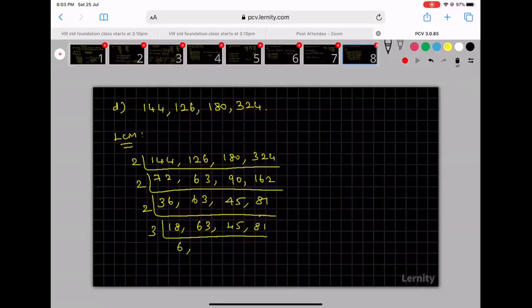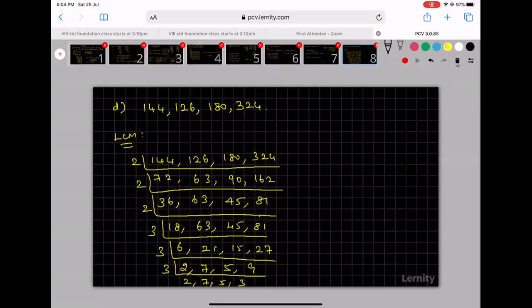3 table means 6, 21, 15, 27. Again I will take 3 table. I will get 2, 7, 5 and then 9. Okay. So if I divide with 3, 3 threes are 9.